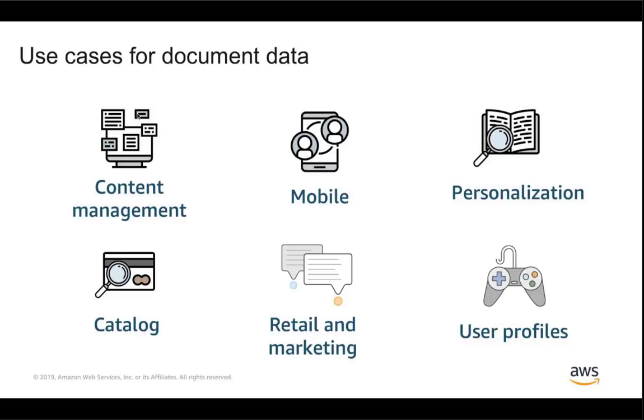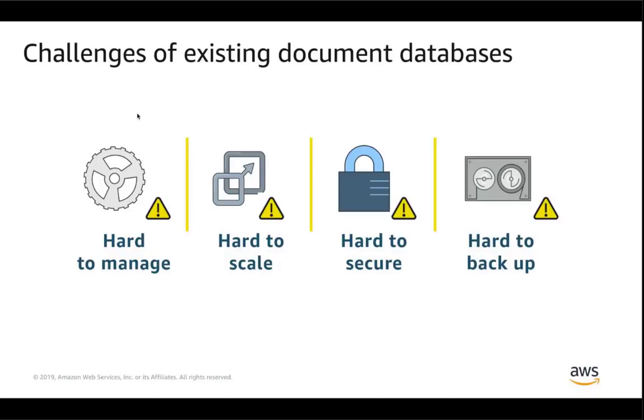I think what we've seen is the challenge with document databases has been that we have a lot of folks that are self-managing, and that becomes really problematic, especially at scale, because as things scale, things become more complicated. We have a lot of folks that have asked us if we could do something self-managed in this space.